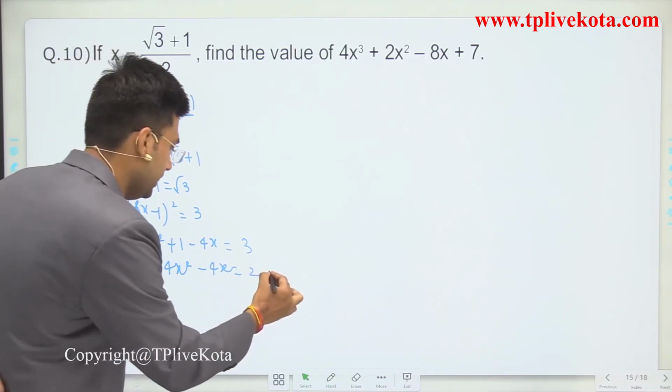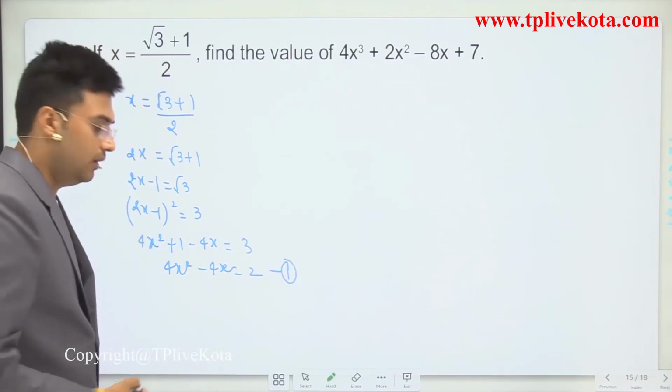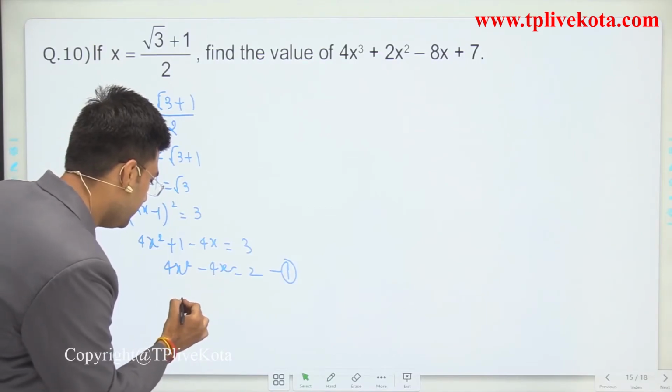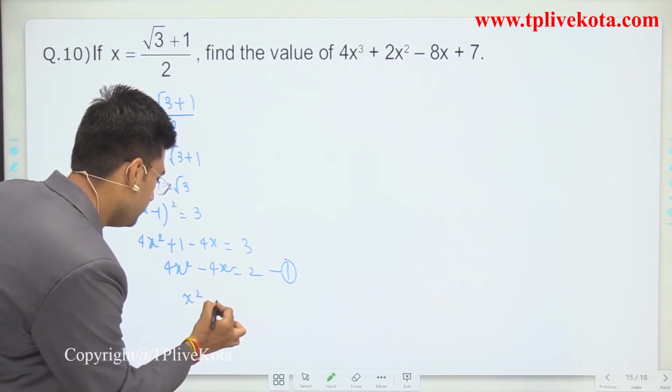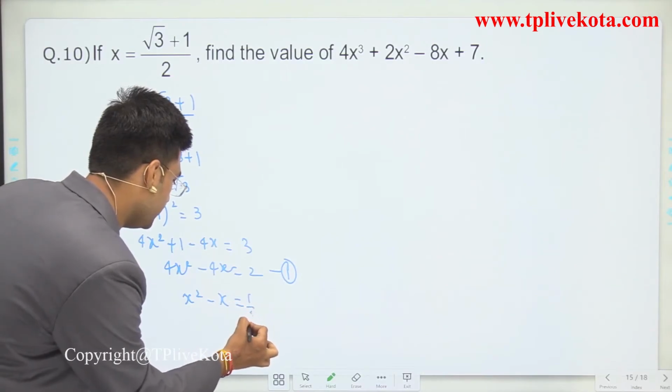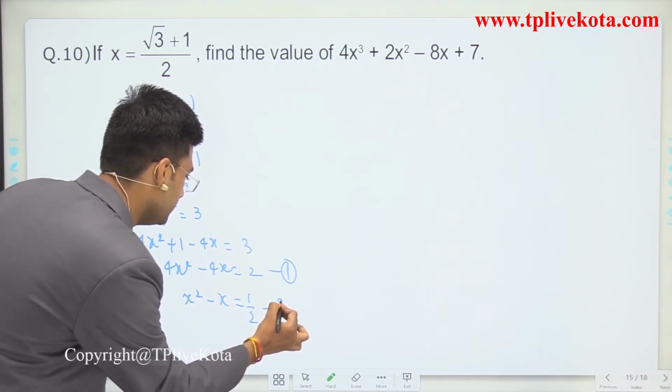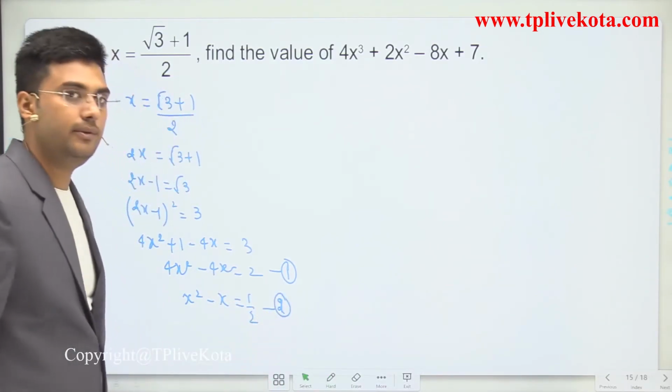Let this be equation 1. Or when we solve this, we will get x square minus x equal to 1 by 2. Let this be equation 2. Clear?